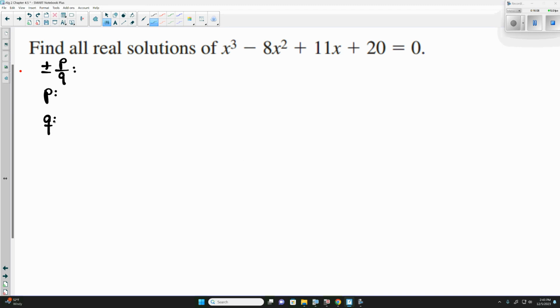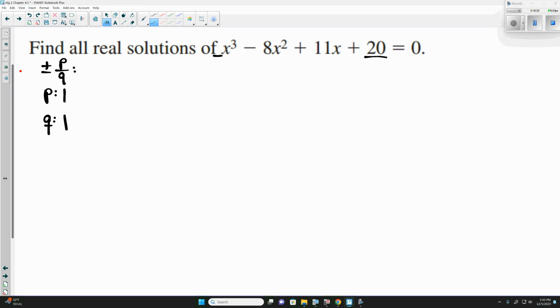Q is a little bit easier to find first, because the leading coefficient is the number in front of the variable with the biggest exponent. And here, the number in front of the variable with the biggest exponent is 1. And p, our constant term, is 20. The constant term is the term without a variable.